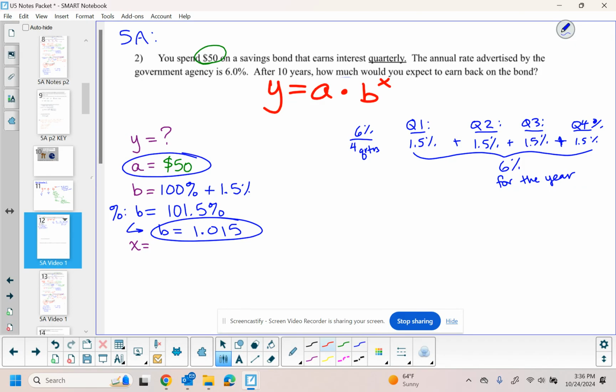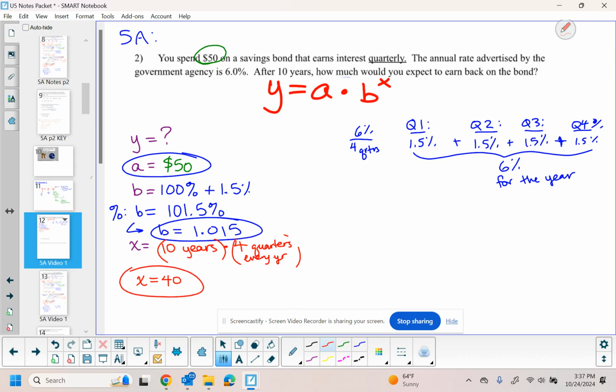So I've got my A, my Y I don't know. And then finally my X value: it's happening for 10 years, but it's happening 4 times a year, 4 quarters every year. So that means that X is actually 40. The interest is being calculated 40 times.